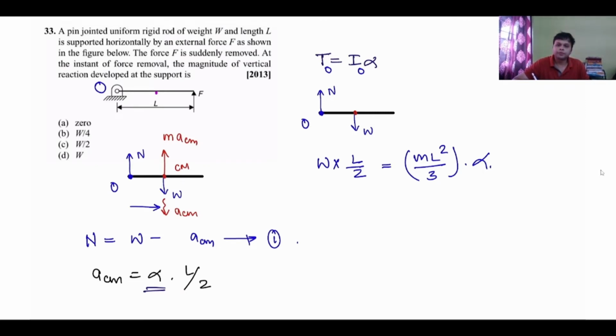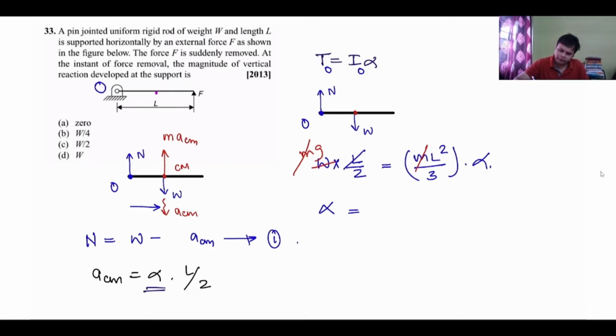Right? So what is alpha now? Alpha is equal to W, and I can write W as mg. Yes or no? So m and m will get cancelled out, and one L will get cancelled out.